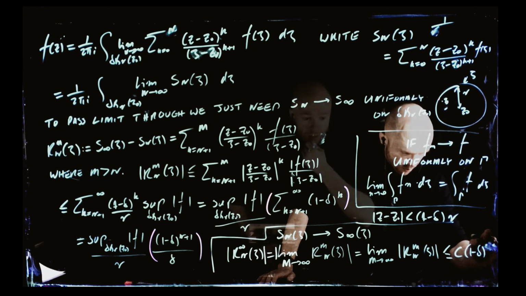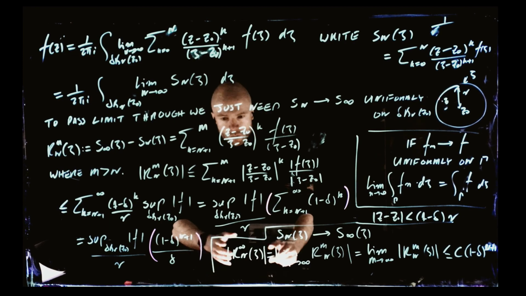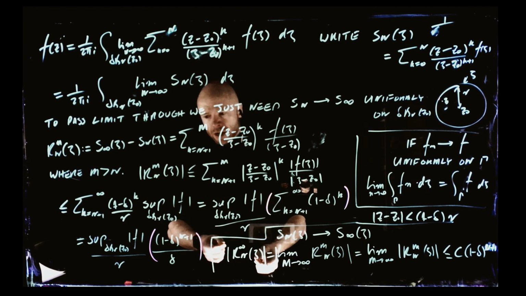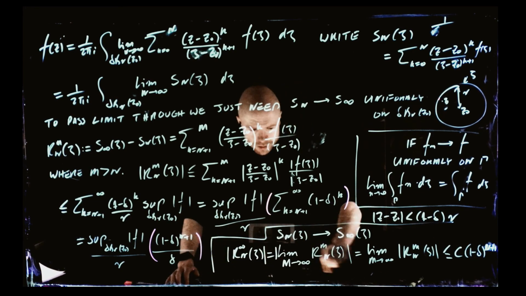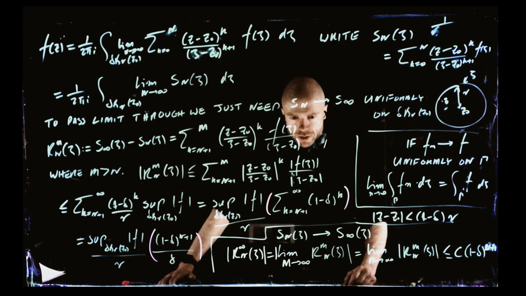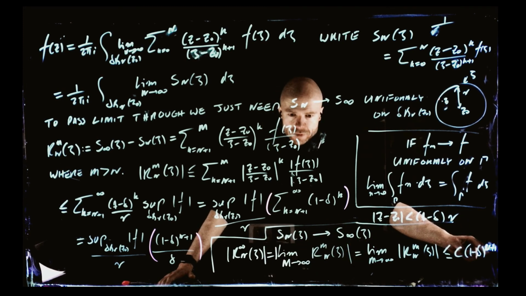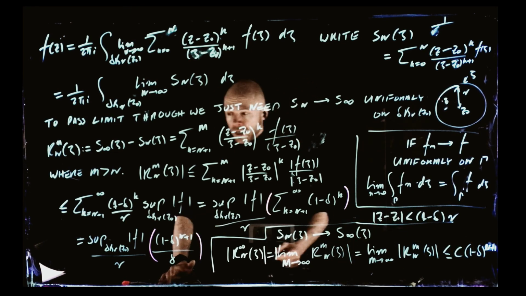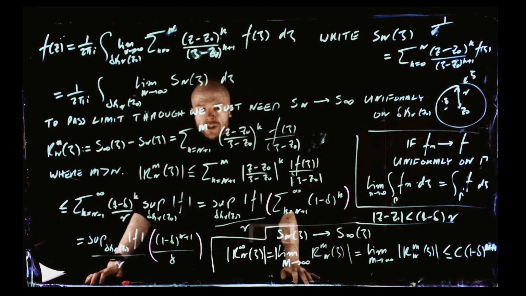Okay. So that's what we want, because we have that this thing, which is the remainder, the difference between the partial sum and the actual infinite sum, is uniformly bounded. This doesn't depend on zeta. So we can guarantee that for any zeta, this thing is as small as we like by taking n to be large enough. So we do indeed have that the partial sums uniformly converge to the actual sum.